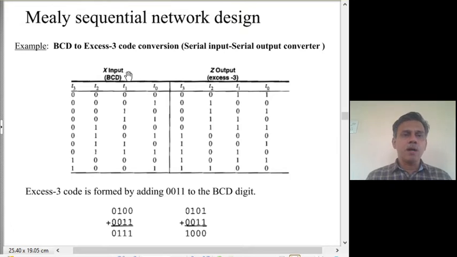So, the bits are numbered as X0, X1, X2 and X3, and they take 10 possible values: 0, 0, 0, 0 encodes the decimal 0, 0, 0, 0, 1 for 1, all the way up to 1, 0, 0, 1 for the decimal 9. So, basically this is an 8421 encoding scheme.